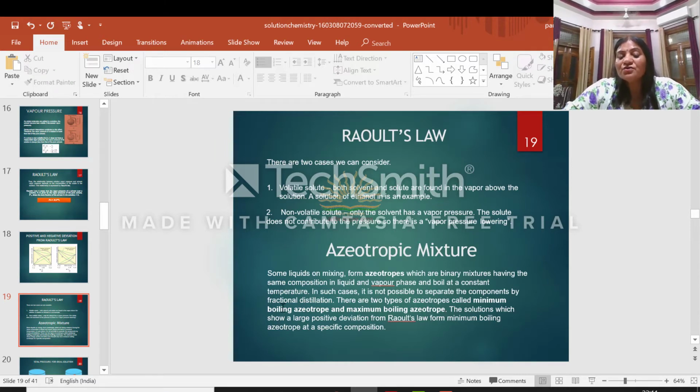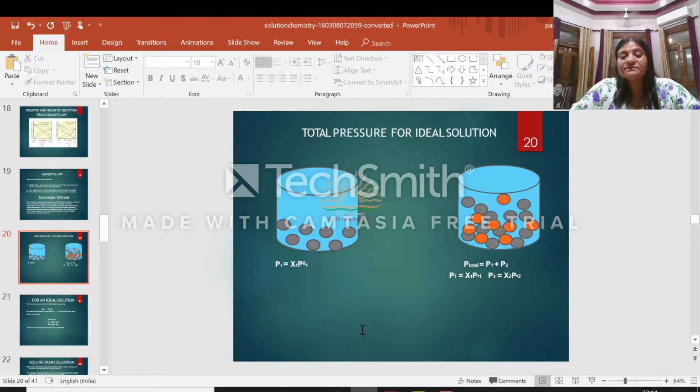The solution which shows a large positive deviation from Raoult's law forms minimum boiling azeotropes at a specific composition, and the solution which shows a large negative deviation from Raoult's law forms maximum boiling azeotropes at a specific composition.